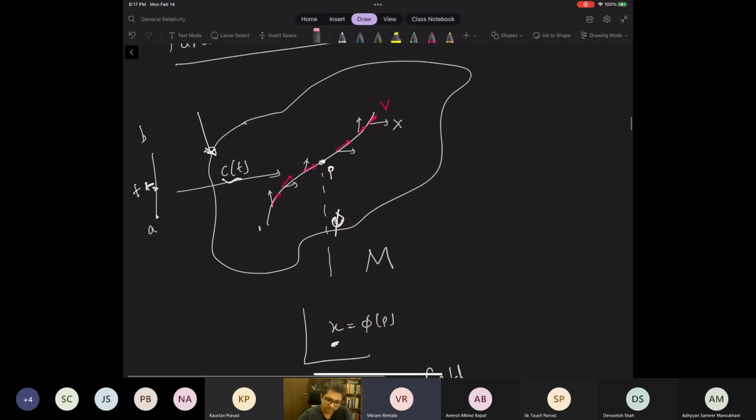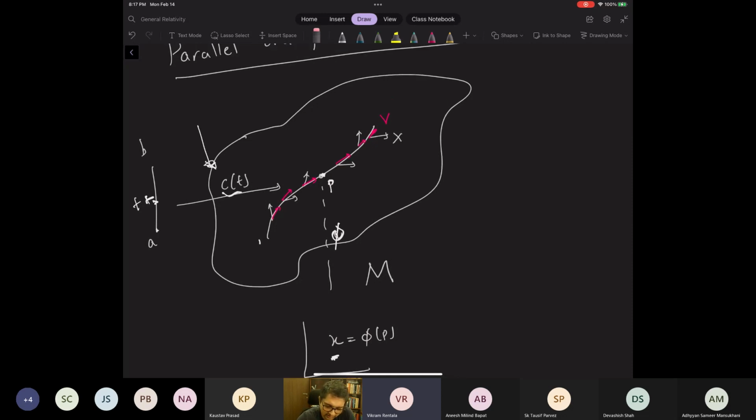Now imagine that there are two things that I can do. One is, suppose I have a vector field X. This vector field X is over the entire manifold, but we're interested in the vectors of X which are at points on this curve.